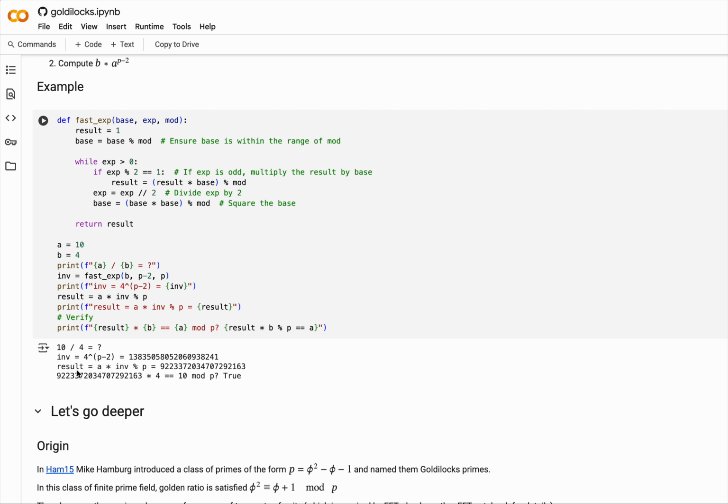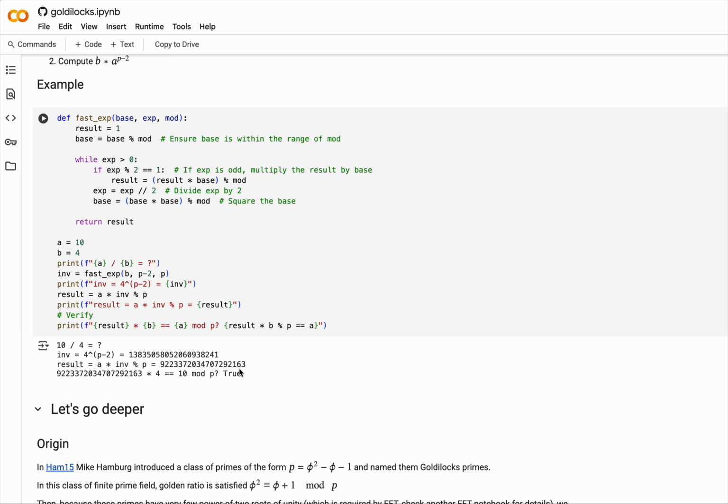Secondly, we compute the result as 10 times the inverse modulo p. Okay, this is a very large result, and then we can verify it using multiplication. I multiply the result by 4 and it equals 10. Yeah, and it's true.